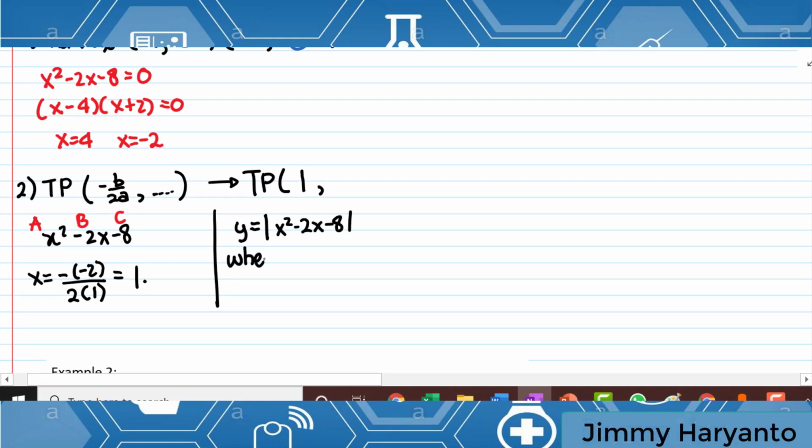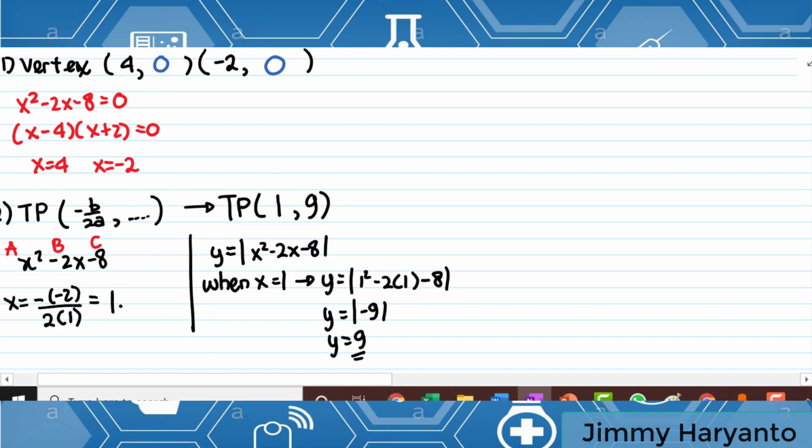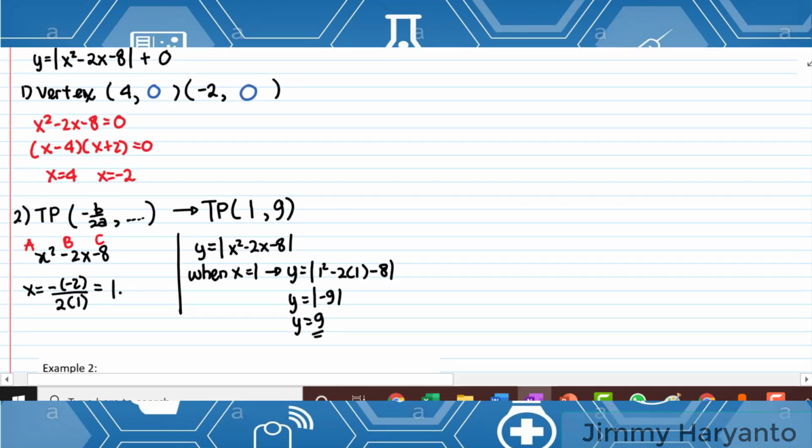So when x equals 1, the value of y will be the absolute value of 1 squared minus 2 times 1 minus 8, which is negative 9, so y equals 9. So the turning point is (1, 9). Next we have to create a table around the vertex and turning point. Number 3.